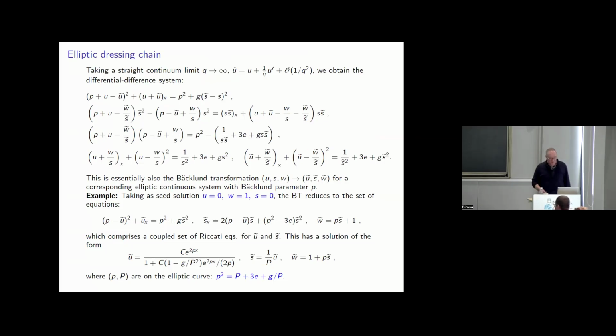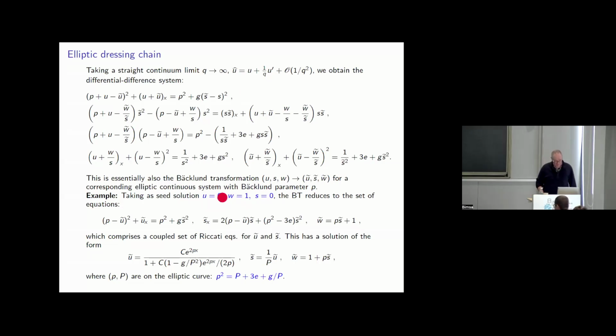But you can use this system of equations as a way to compute, or you can consider this as a Backlund transform, namely the transformation from U to U tilde can be considered as a Backlund transform on a solution U. And to see how you can apply that is by taking a very simple seed solution, which contains U0, S0, and W equal to 1.